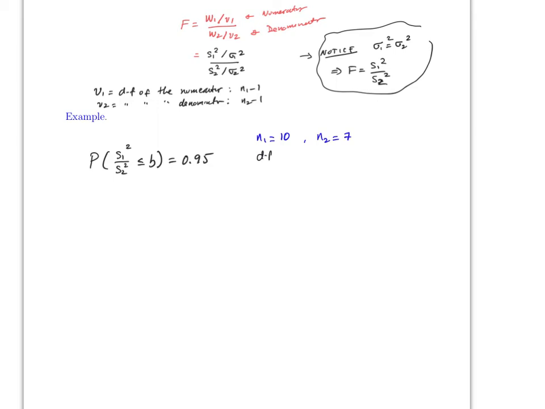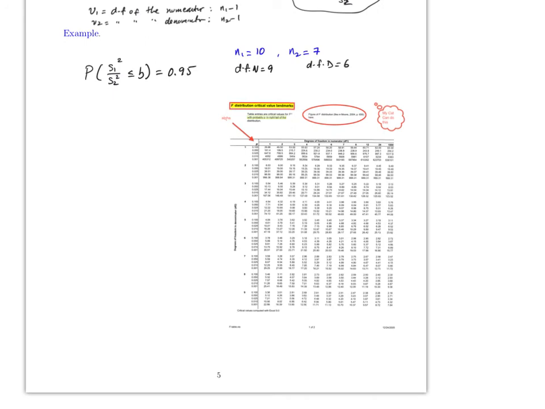Therefore the degrees of freedom for the numerator is going to be 9, and the degrees of freedom for the denominator is going to be 6. So this is the table that I think is much easier to read than the one in the book.